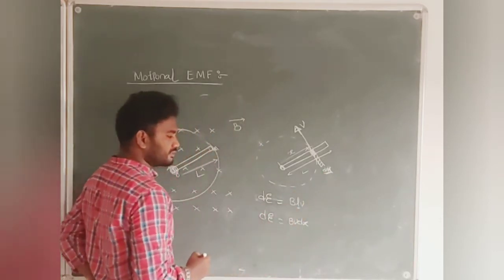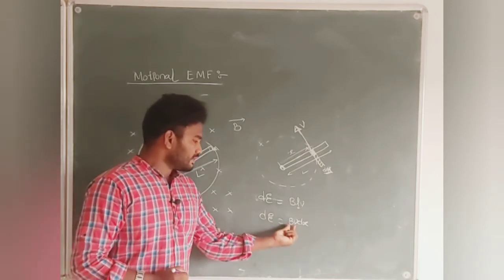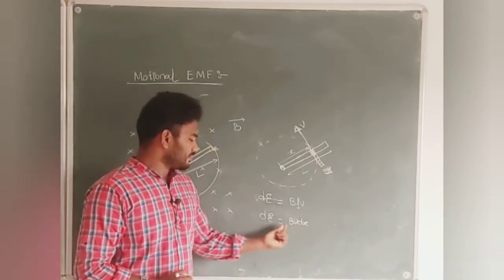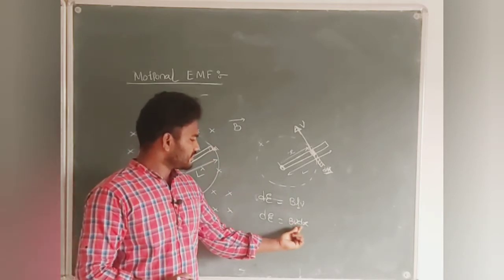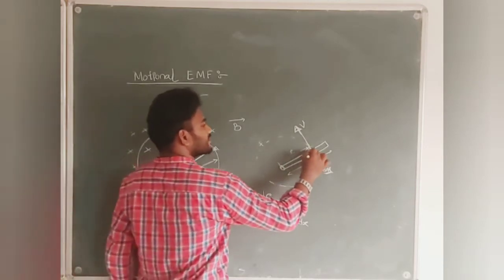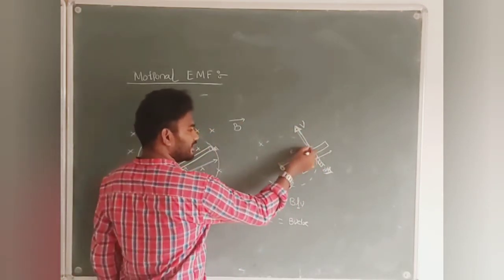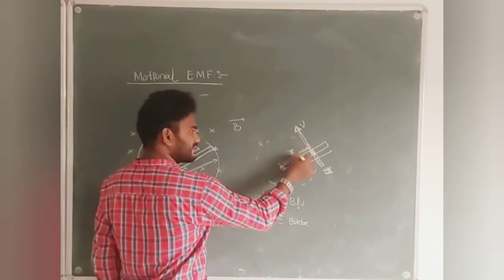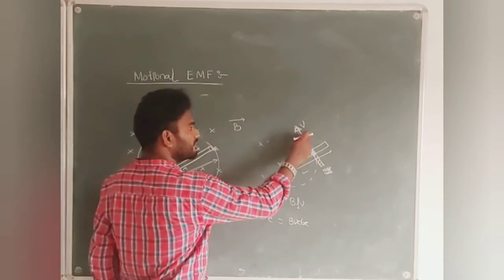Any doubts, students? Any doubts on this? I don't think you have doubt here. Yes, B V dx. B is there, V is there, dx is there. Do you know what is the velocity when it is moving like this? It is moving in a circle of radius x here, right? So what will be the velocity?